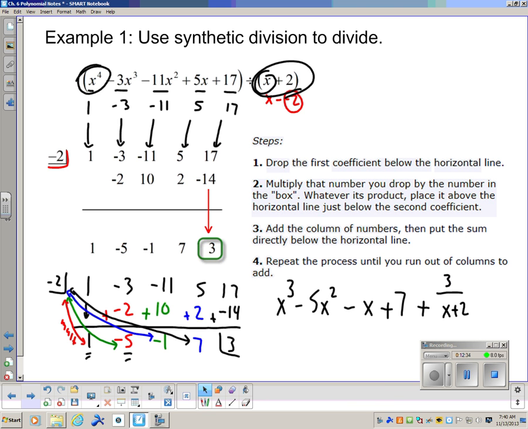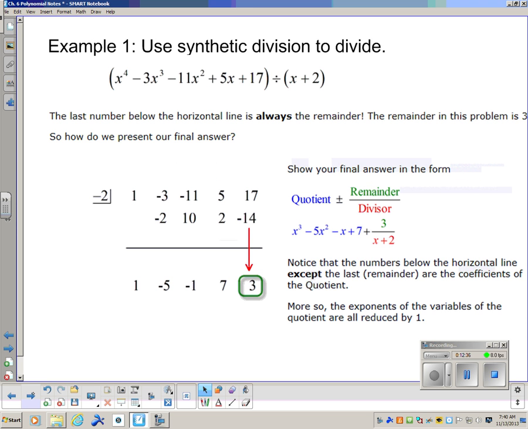So let me show you, that's what they wrote on the next page as well. So kind of they did the same thing here. Notice they took 1x to the 3rd minus 5x squared minus 1x plus 7 and then plus 3 all over x plus 2.